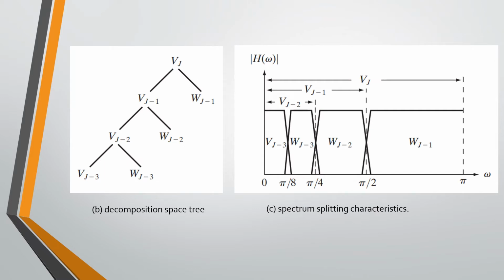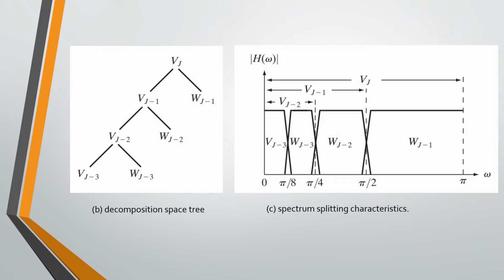Now let us see the decomposition space tree. V_j is subdivided into V_(j-1) and W_(j-1). Now V_(j-1) gives two subdivisions, that is V_(j-2) and W_(j-2). V_(j-2) is subdivided into V_(j-3) and W_(j-3).